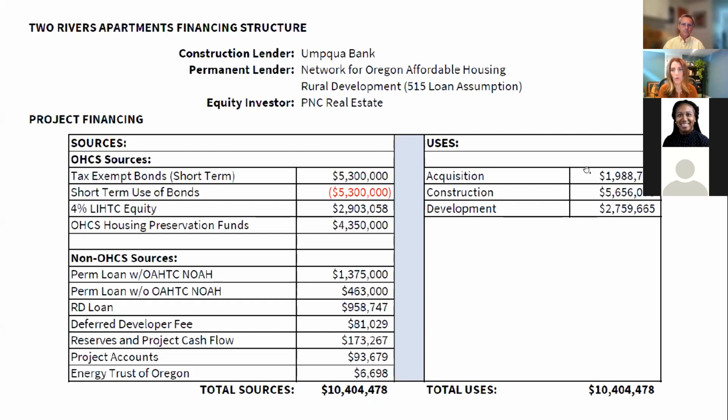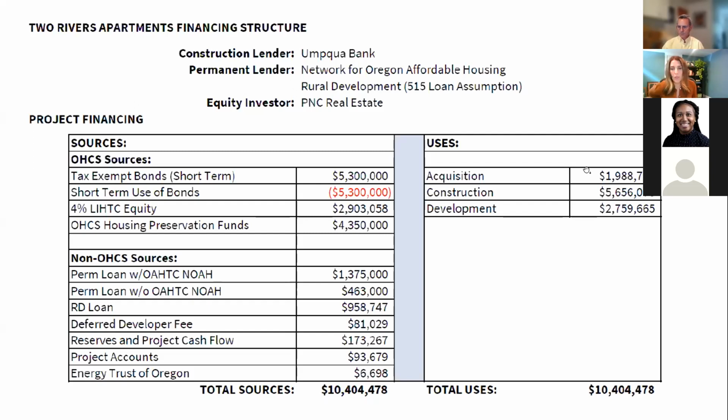If you're thinking about that 1% reduced interest rate and being able to pass that through onto that operating pro forma savings. So just a shout out to what has happened on the policy side and those who have advocated to get these sources available in the state. It's really important that these resources are available and are ones that we can look at to see if there's ways to replicate them as models in other states as well.